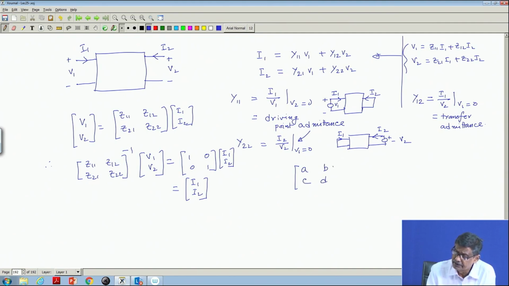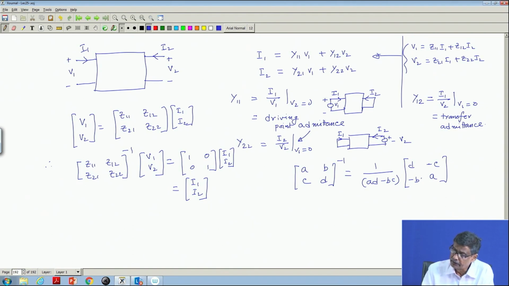For example, for the matrix A B C D, the inverse is 1 divided by the determinant AD minus BC, times the matrix D, A, and this will be minus C and minus B. Very easy to remember. Interchange these two and also change the sign of these two.